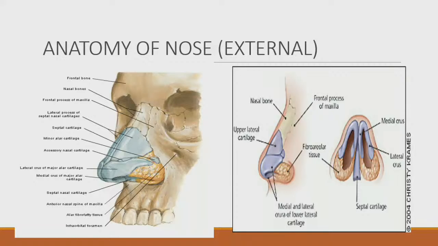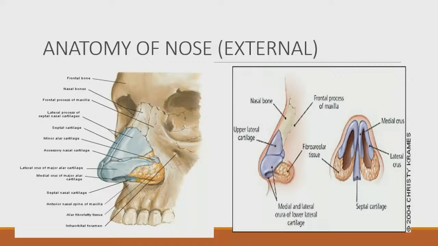The upper lateral cartilage makes the majority of the cartilaginous part externally, and the lower lateral cartilage, also known as the alar cartilage, is also part of the nose. It is made up of fibro-fatty tissues. As we can see here, the fibro-fatty tissues are placed between the cartilaginous portions.